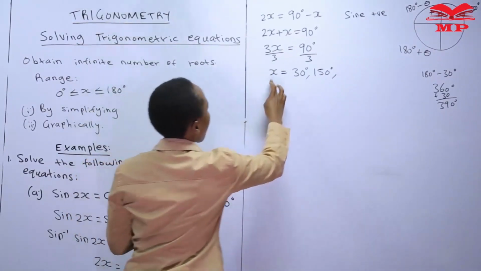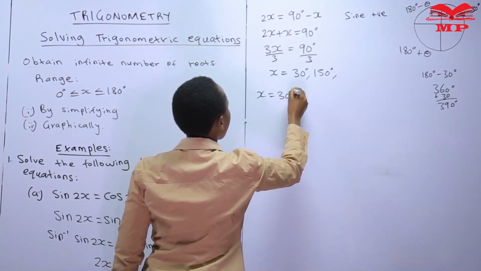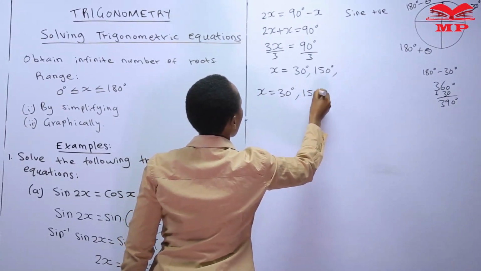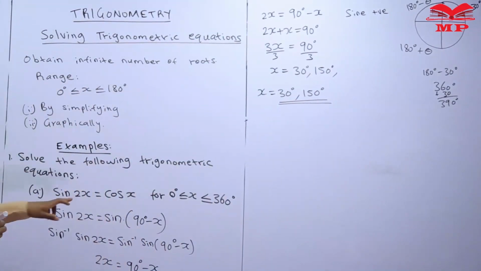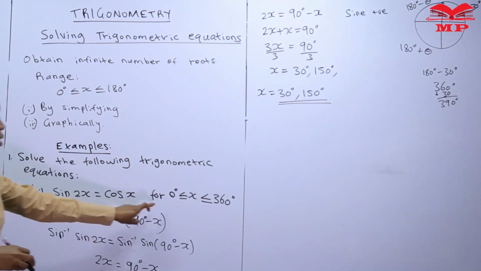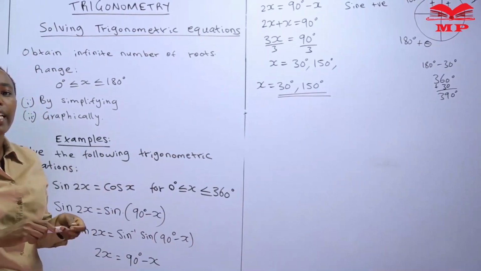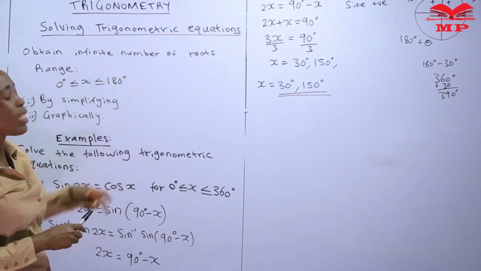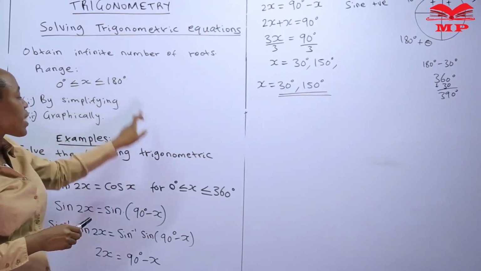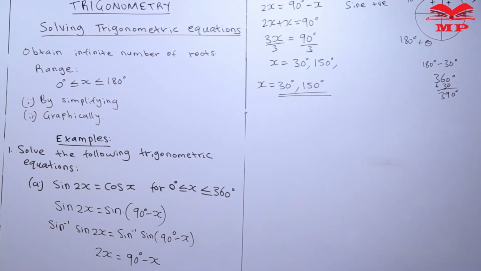Therefore, our x is either 30 degrees or 150 degrees. That's the solution within this range, because when we go round again we get more than 360 degrees. Because we have an infinite number of roots, we need to consider the limit that is given.